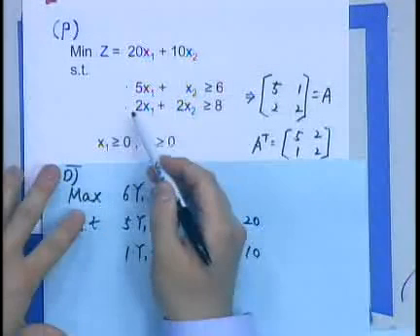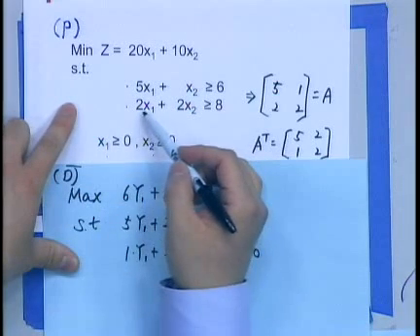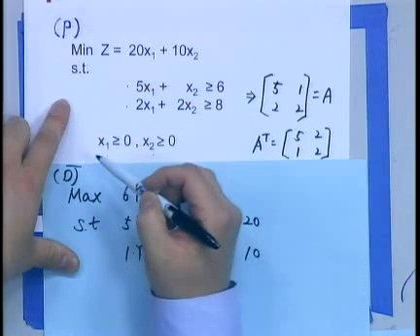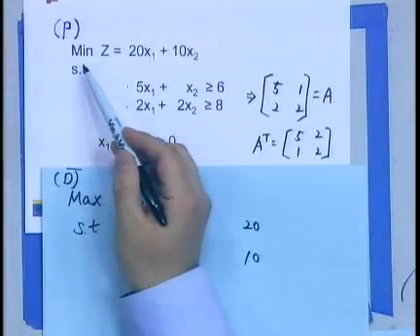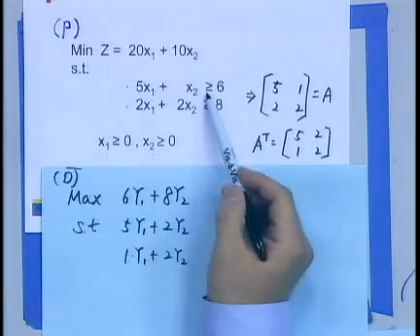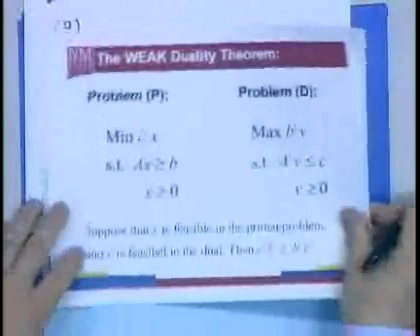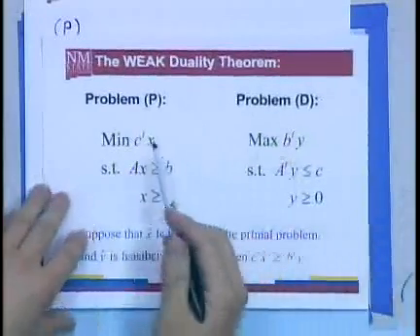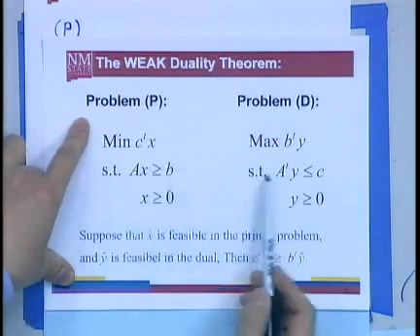And this given LP problem, the primal LP problem, is in the form of the primal in the symmetric primal dual pair, right? This primal problem is a minimization problem with greater than or equal constraints and non-negativity restrictions, which has the same form of the primal problem in the symmetric primal dual pair, right?